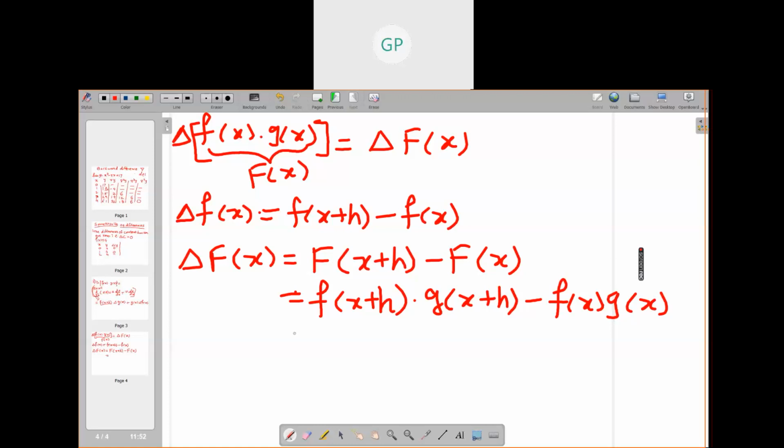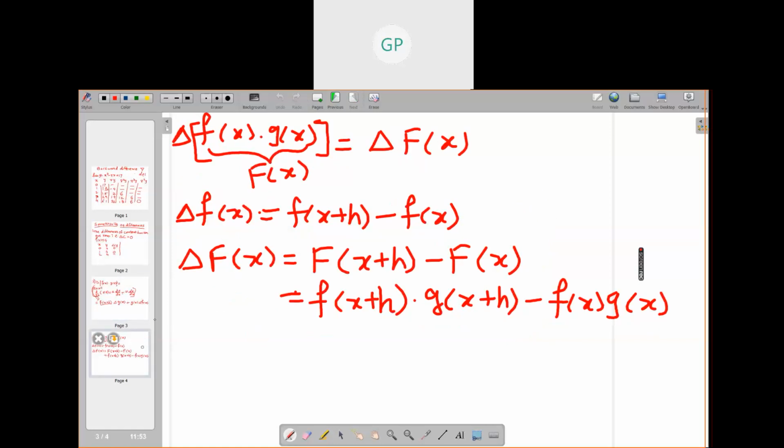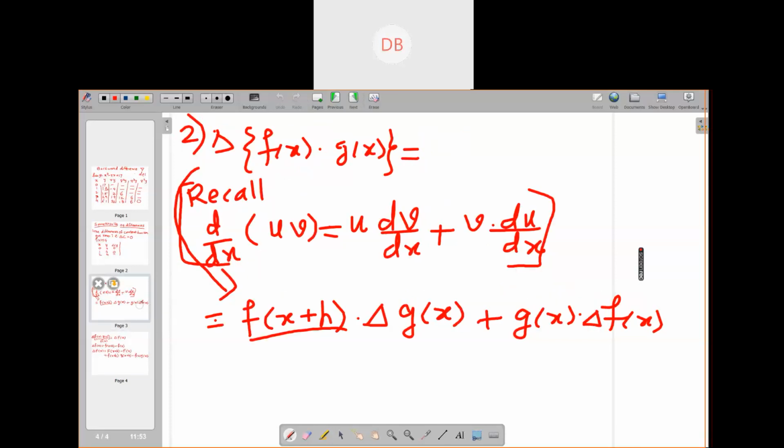Now, we just want to make this convenient to remember, and we want to ultimately produce this answer: f(x+h) into delta g(x) plus g(x) into delta f(x). So what should we add or subtract so that we will get this answer?